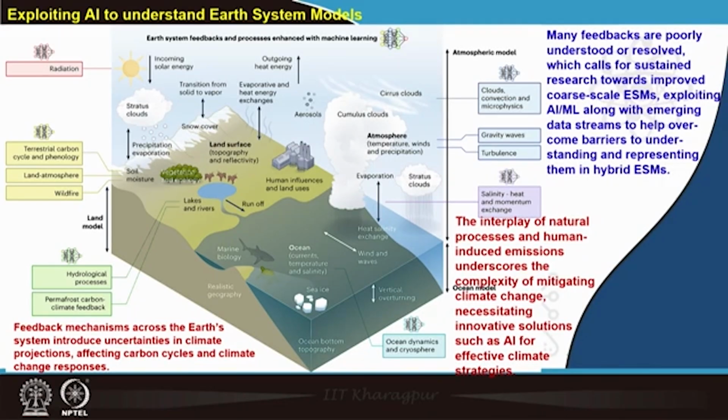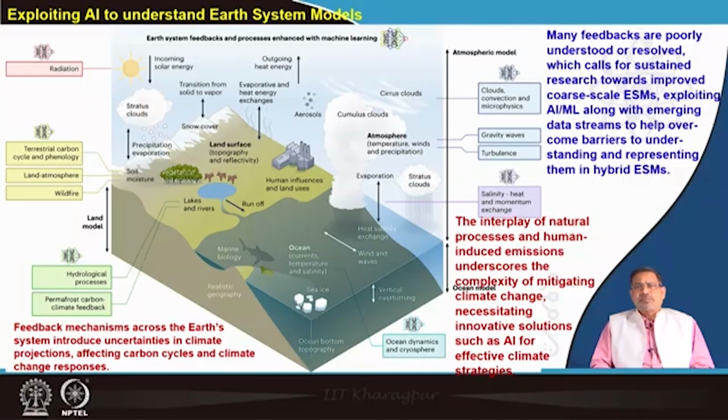So what I mean to say is, all these form the various structural and functional components of the Earth system. Now what is represented here is the feedback mechanism across the Earth system that introduces uncertainties in climate projections, affecting the carbon cycle and climate change systems.